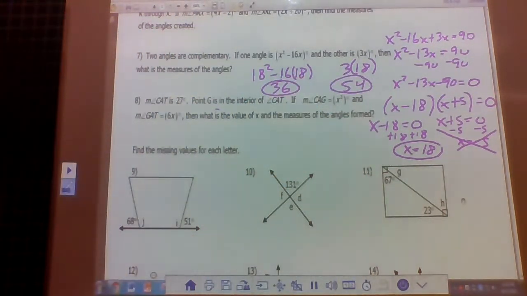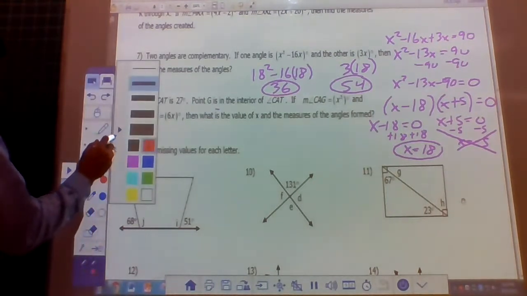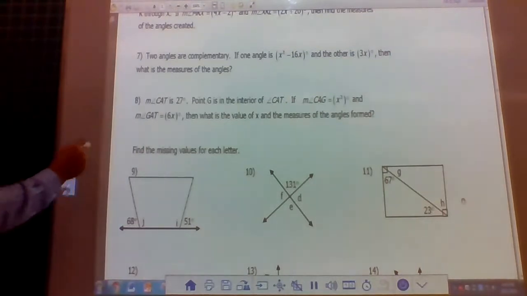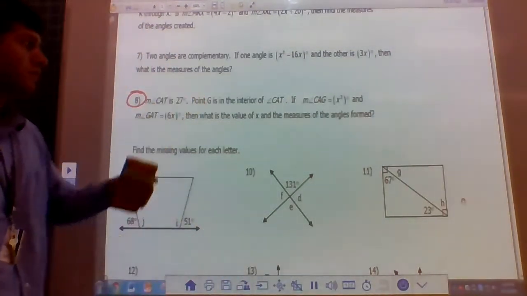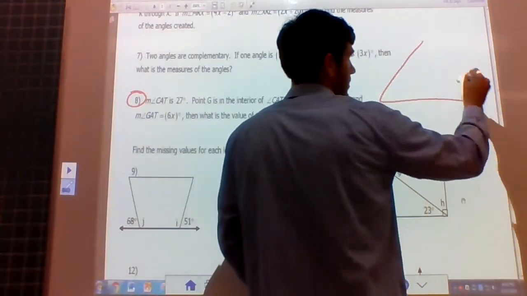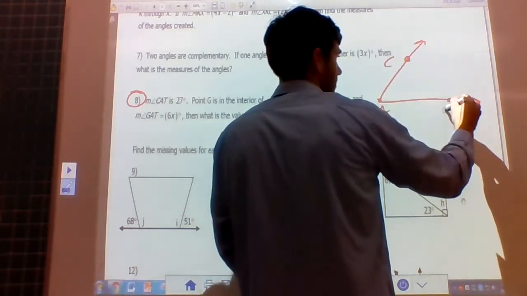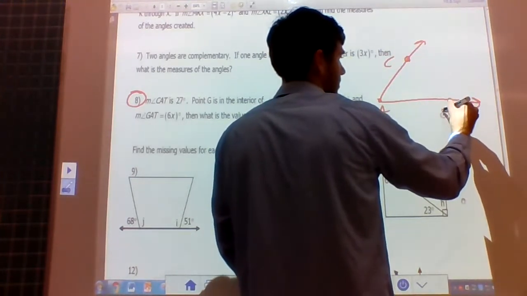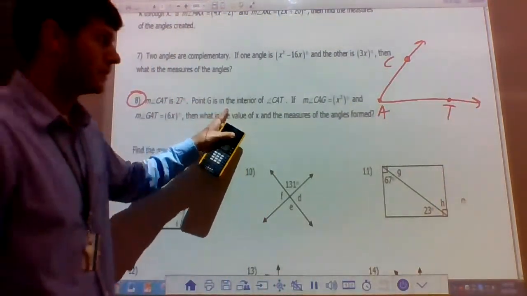Okay, let's do the next one. So we're on 8. So the measure of angle CAT is 27 degrees. G is in the interior, so let's draw angle CAT. Here is C, here is A, here is T. G is in the interior.